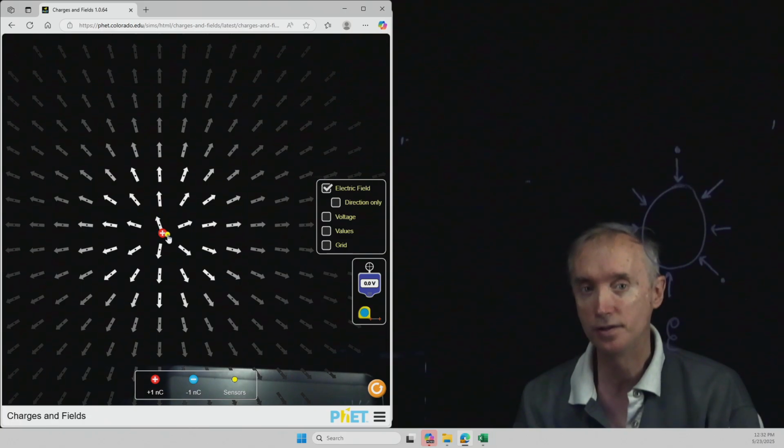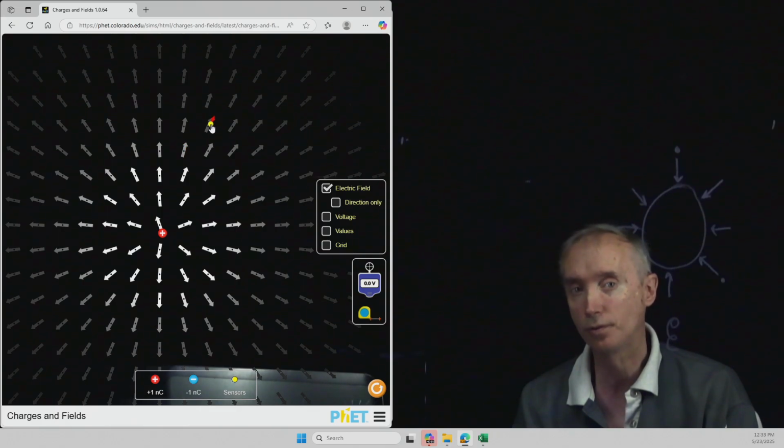So this thing is positive, the red one's positive, the yellow one's positive, and so like charges repel. Okay, and then you should also notice that if I take this and I move it further away, do you see what the red arrow is doing? It's getting weaker. So there's the electric field of a positive charge.